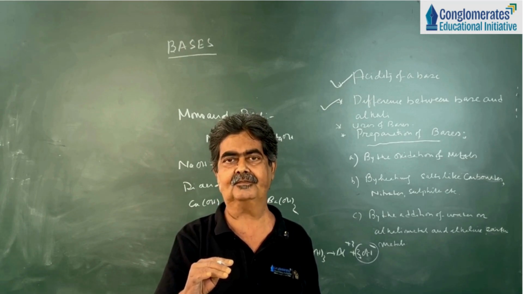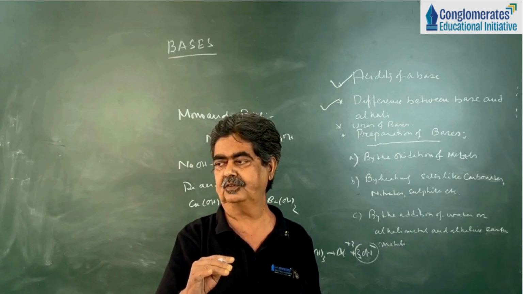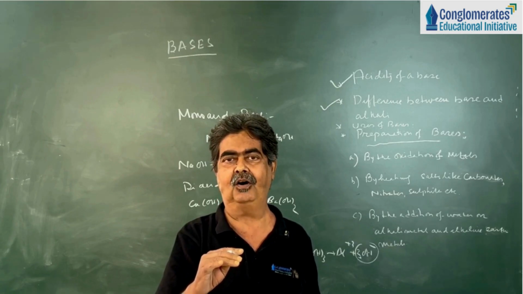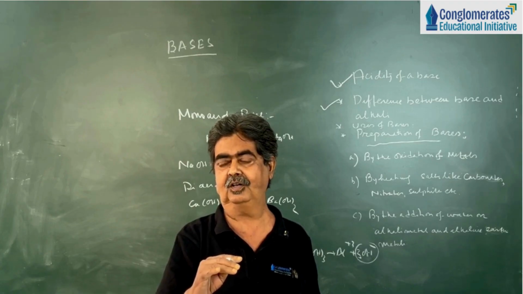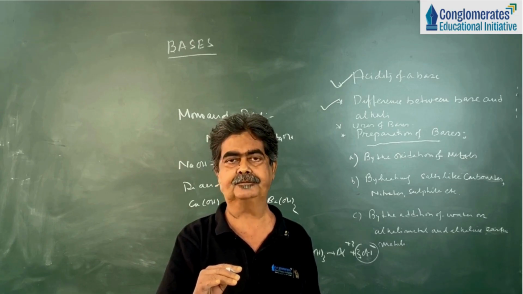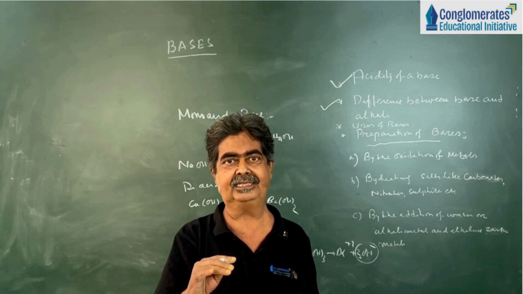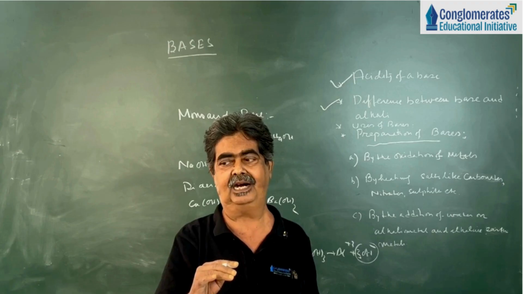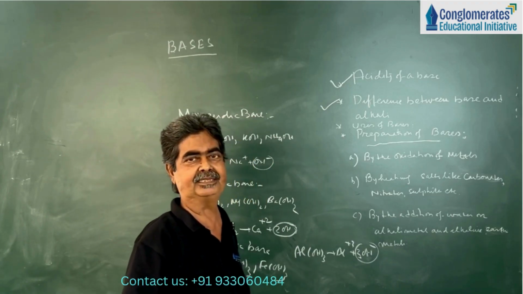Then we can conclude that all alkalis are bases, but all bases are not alkalis. So I repeat, all bases are not alkalis, but all alkalis are bases. So this is the difference between bases and alkalis.